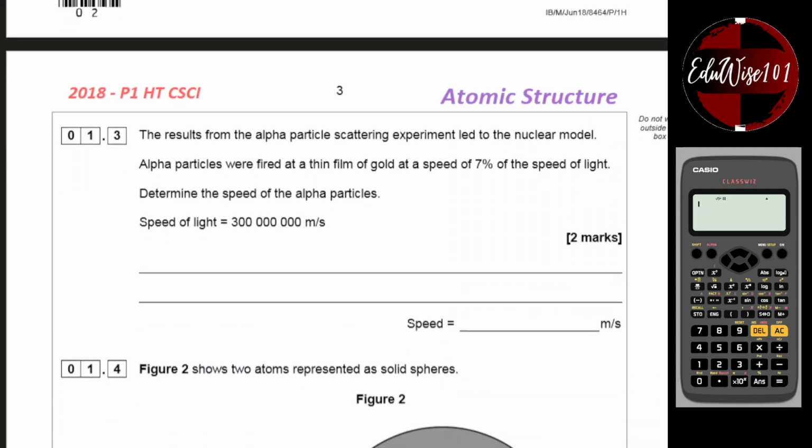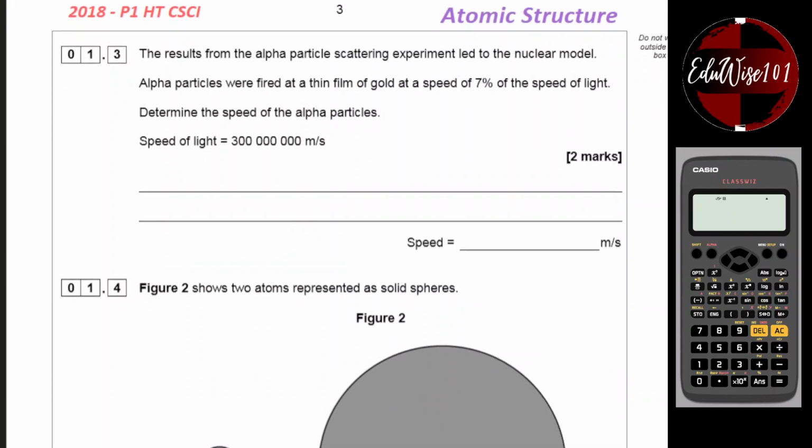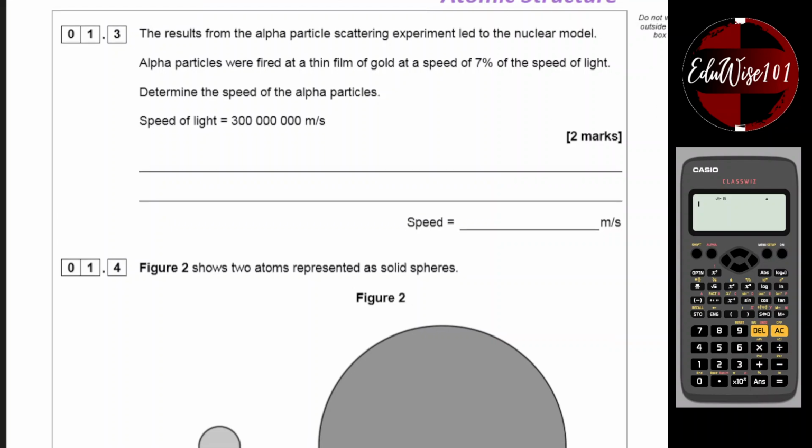Question 1.3, still on atomic structure. The results from the alpha scattering experiment led to the nuclear model. Alpha particles were fired at a thin film of gold at a speed of 7% of the speed of light. Determine the speed of the alpha particles. So what they are asking you is to find 7% of this 300 million meters per second.